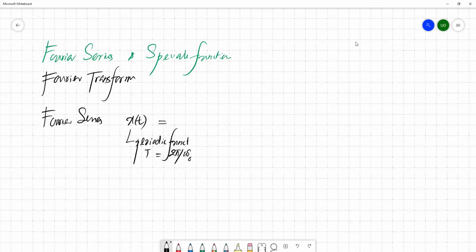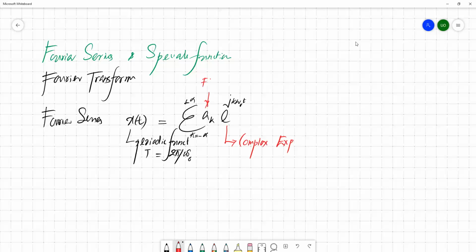We apply Fourier series and represent this as an infinite sum of complex exponentials. These are the complex exponentials, and these are the Fourier series coefficients.